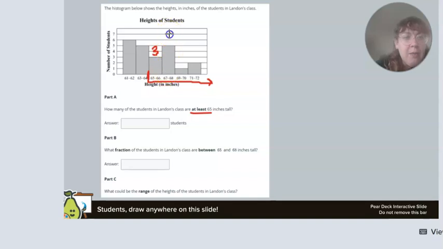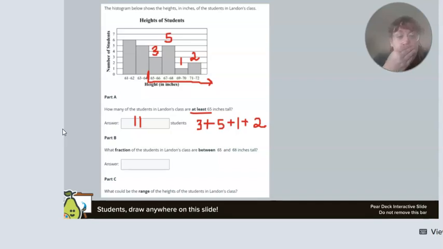In the second bucket, we have 5. In the third bucket, 69 to 70, we have 1 student. And then 71 to 72, we have 2. So all of the students that are at least 65 is 3 plus 5 plus 1 plus 2, which gets us 11 total students that are at least 65 inches tall.